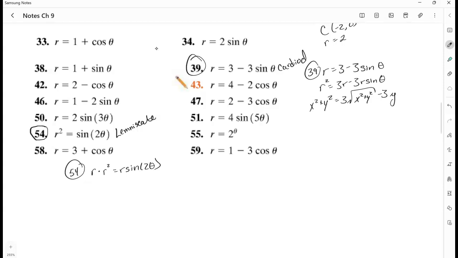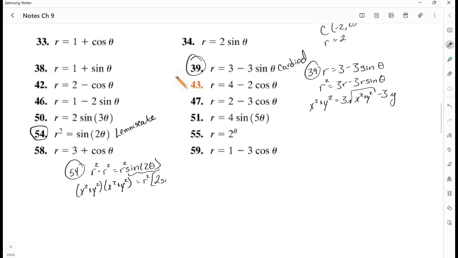Actually, let's multiply everything by r squared. I think that's going to make things easier. So we're going to have x squared plus y squared times x squared plus y squared. And the reason I did that is so I can rewrite this.